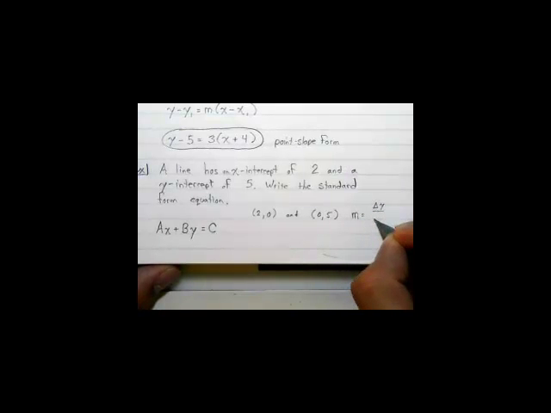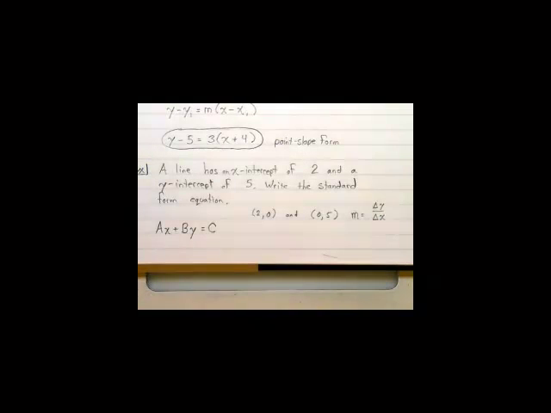Another way to look at it that relates to what we've been talking about today so far: m is the change in y over the change in x. It is the rate of change of y to x. All right, and delta y and delta x, those are those increments we were talking about.